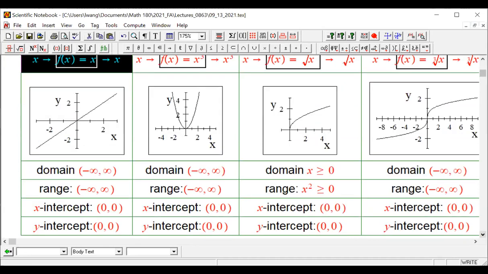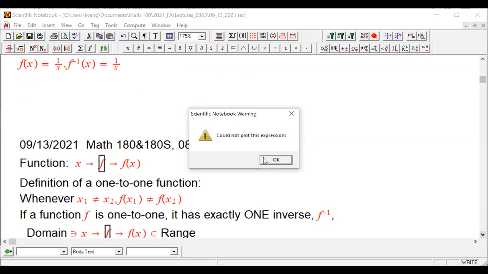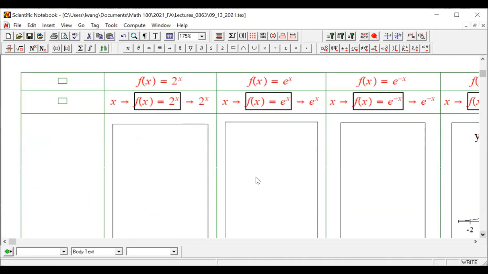All right, next. Oh no, what's going on? Okay. Next, let's look at these functions. What's going on? The software is not cooperating.